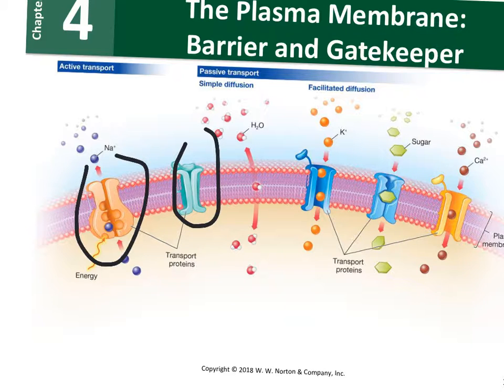Molecules like water or oxygen or CO2, which have no charge, they're not polar, can actually cross the plasma membrane, because the plasma membrane has a phospholipid bilayer, and the outside here and inside here are polar. Okay, so they have a charge. So anything with a charge will not be able to get through.